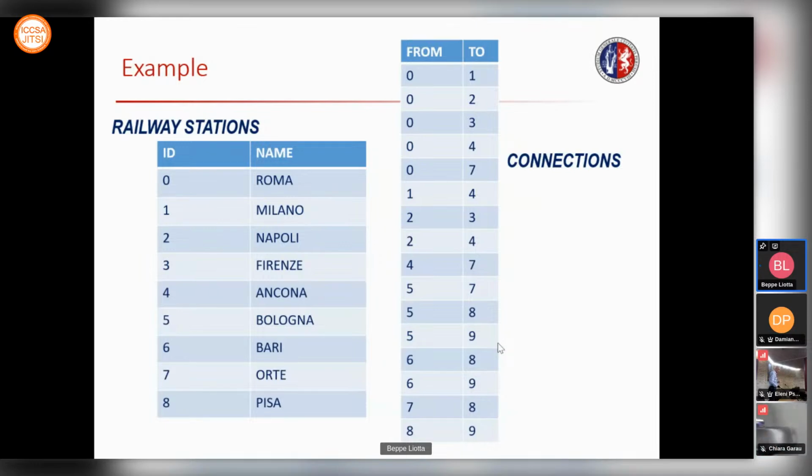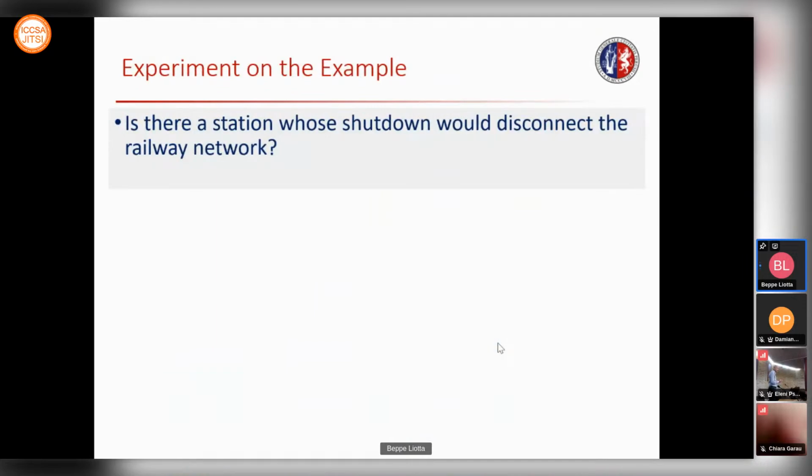Now comes the experiment. Suppose that the experiment is a human-centric experiment, which means that you need to make a decision based on the data that you see. Now, the question is, you have to decide whether there is a railway station whose shutdown would disconnect the network.